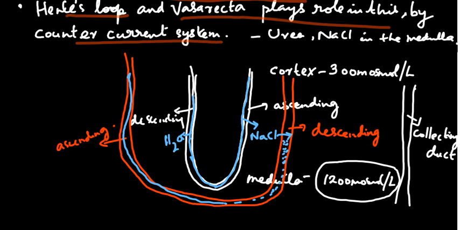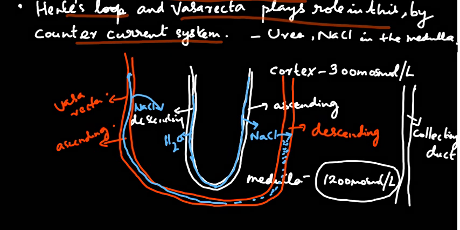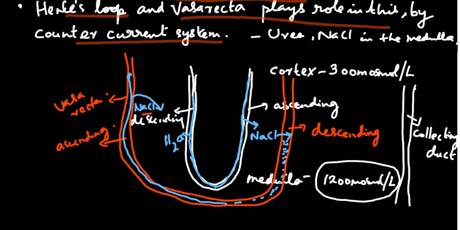As they move through the ascending limb of vasa recta, the sodium chloride will come out into the interstitium. So this is the vasa recta. This could be the reason that sodium chloride is there in the interstitium here. It's because of this kind of countercurrent system. And since sodium chloride is present here, the water will get attracted and move towards the sodium chloride.